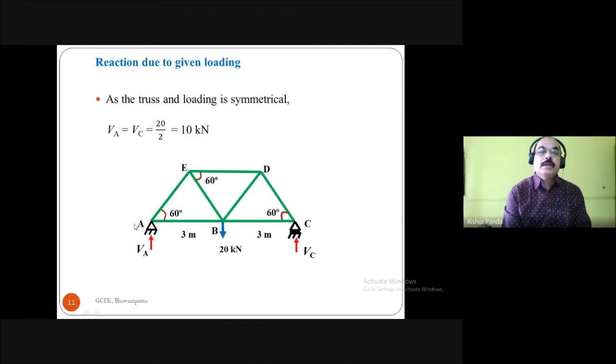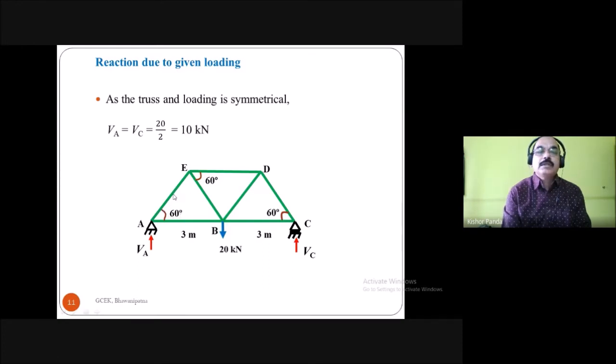When you consider this joint, you will find these two forces, in member AB and member AE. By taking the summation of vertical force equal to 0 and summation of horizontal force equal to 0, you can find the force in these two members.